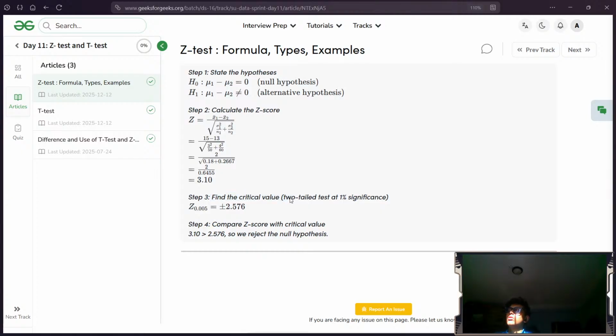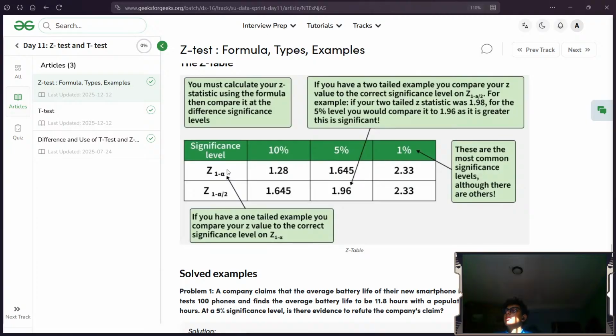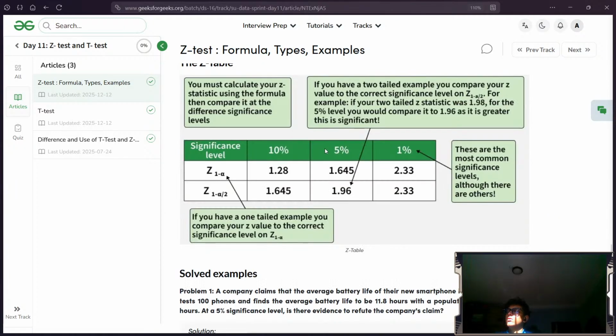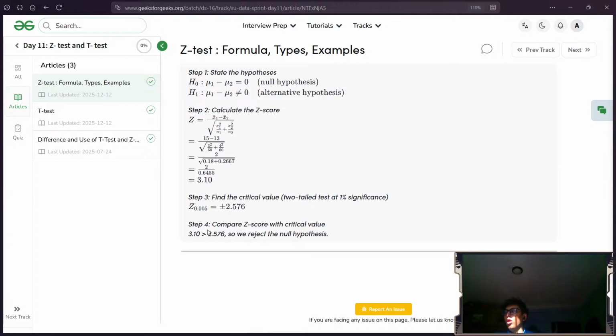Find the critical value to test at 1% significance. For a two-tail test, we have to look at this table, and for 1% it is 2.33. So we reject either way.